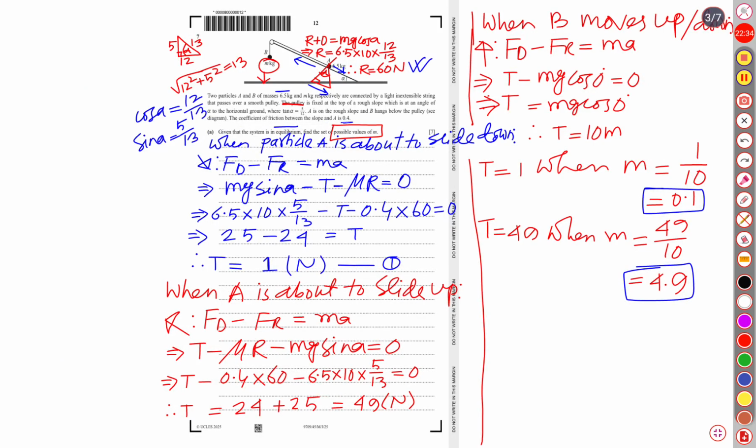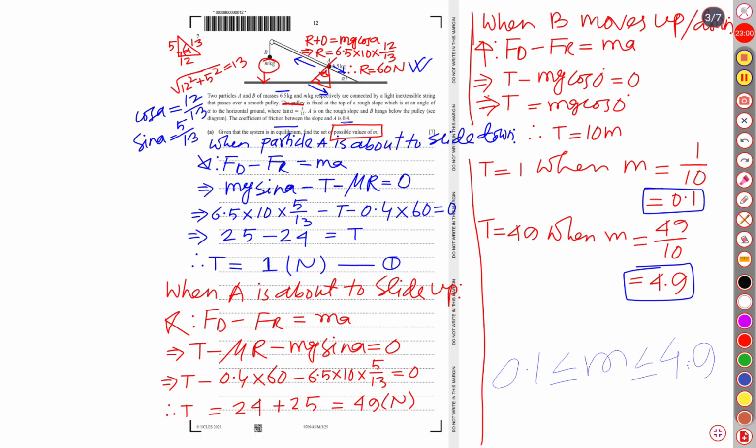The minimum value of the mass of particle B should be 0.1, and the range is from 0.1 kg until 4.9 kg.